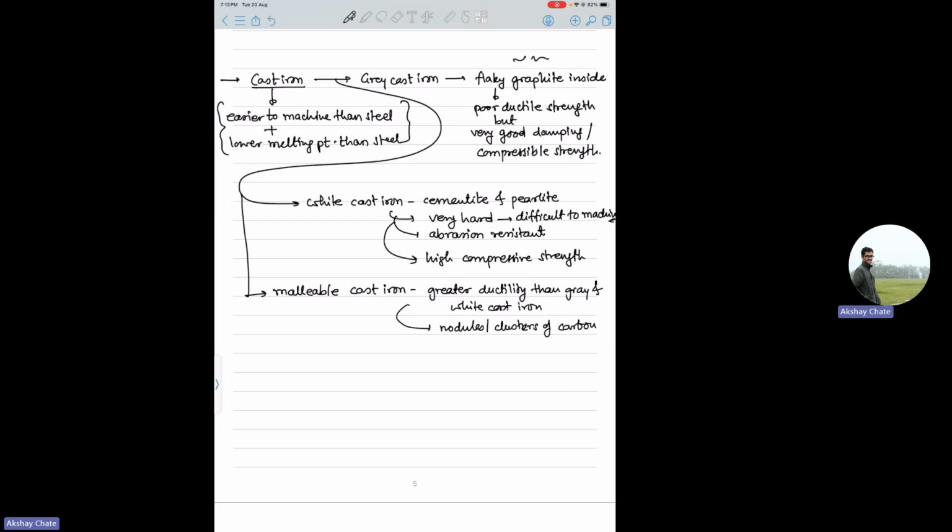That carbon can be pearlitic or martensitic, ferritic, anything like that. But it's not a flake, or like that cementite, it's clustered. Okay, and to do that, they put something in it.